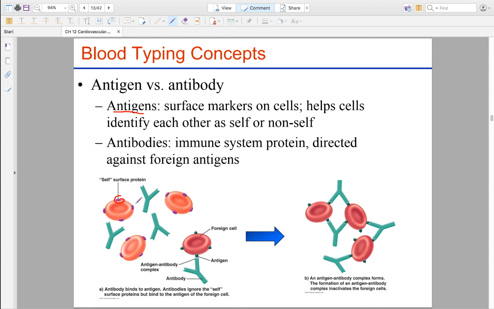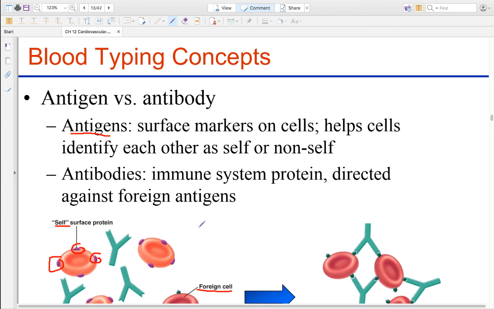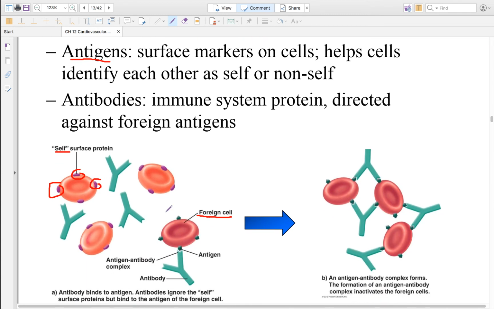That is a surface marker protein, aka an antigen. Our body is capable of identifying self antigens and indeed foreign antigens. Let's zoom in on that. If you look at the shape of this antigen versus the shape of the foreign antigen.